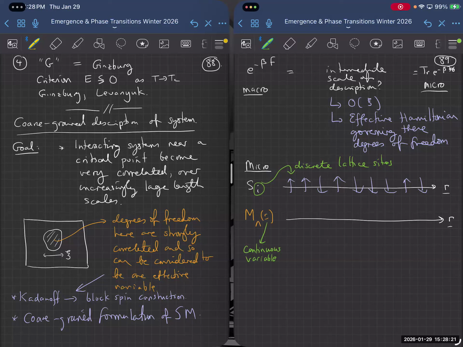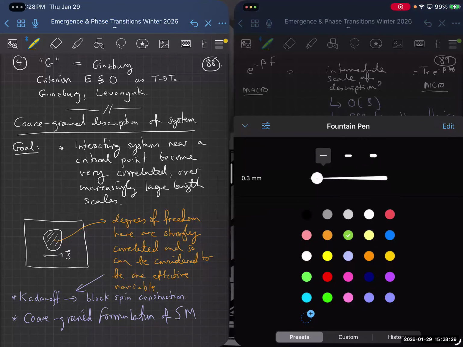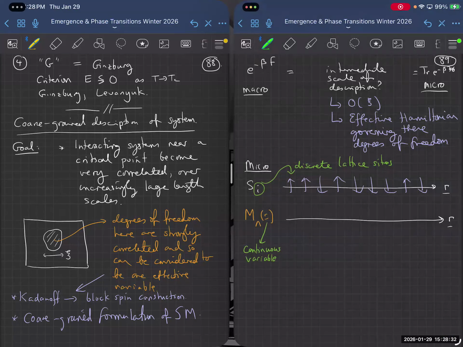I know that there is a scale up to the correlation length where things are highly correlated. So let's take some sort of sliding window like this, centered at the point r, and then I'm going to move it along the r axis.